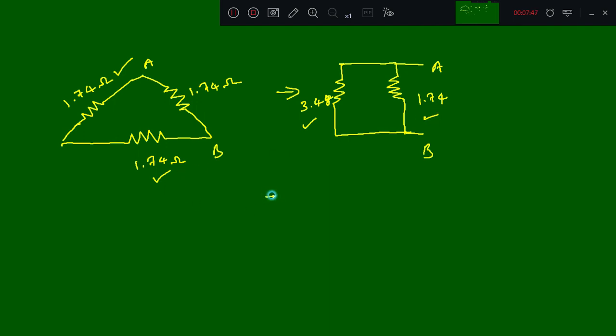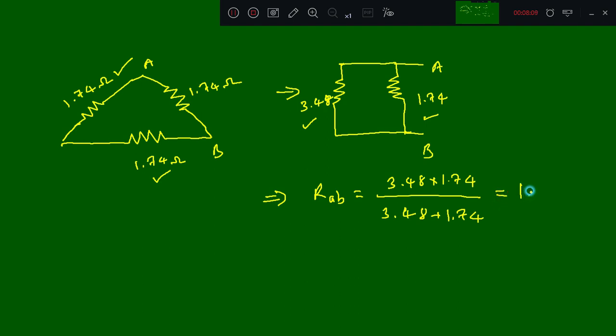So the answer you will get is RAB equal to 3.48 into 1.74 divided by 3.48 plus 1.74. This will be 1.162 ohms. So this is the final answer you are going to get.